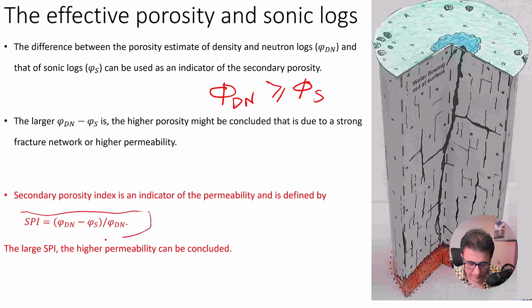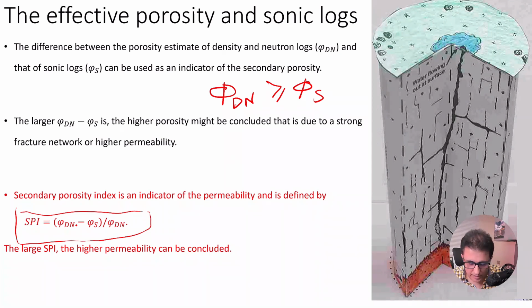And one index has been introduced, called the secondary porosity index, that is given by this equation: phi DN, as I said, is the total porosity that we obtain from density and neutron porosity log data, minus phi S, over phi DN.